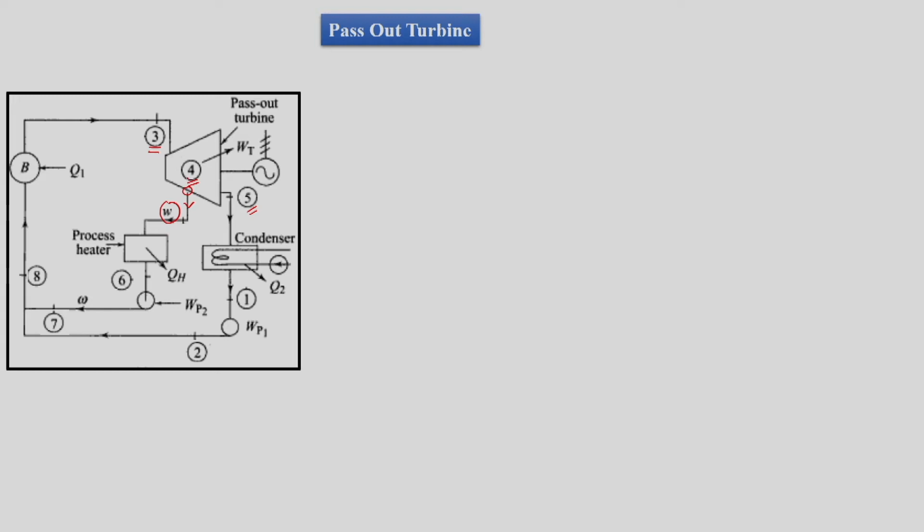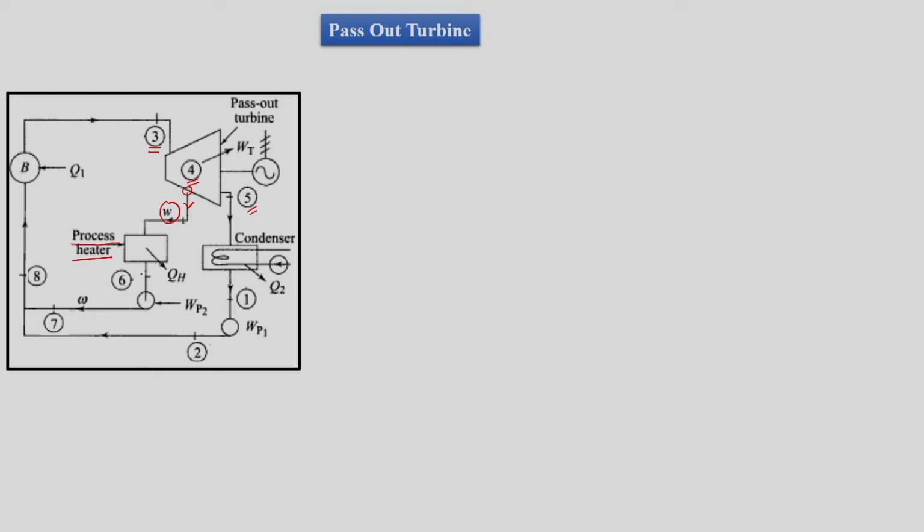saturation temperature which is required for the heating process, and then this steam is used in the process heater, which in the earlier case we were using as the feed water heater to heat the water supplied to the boiler.